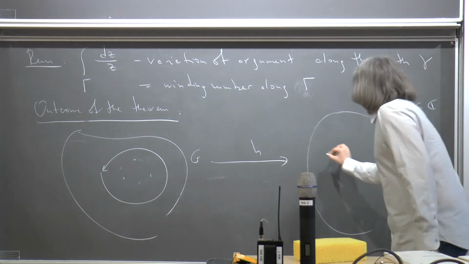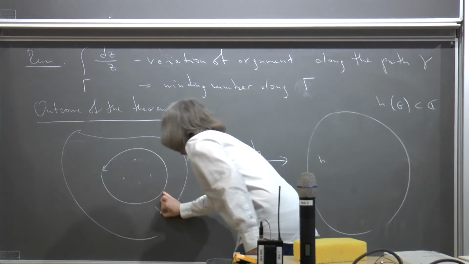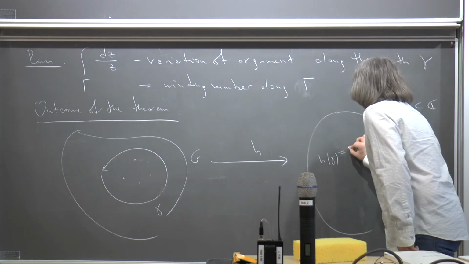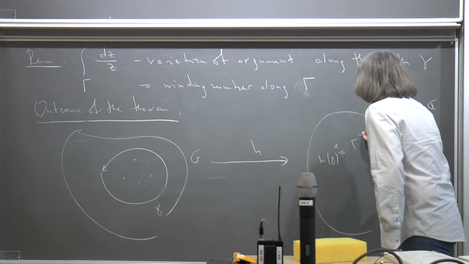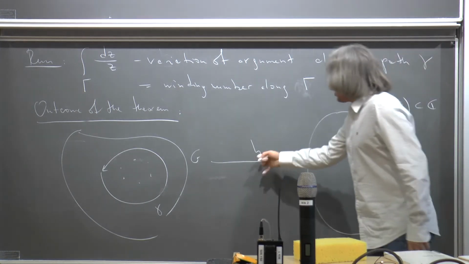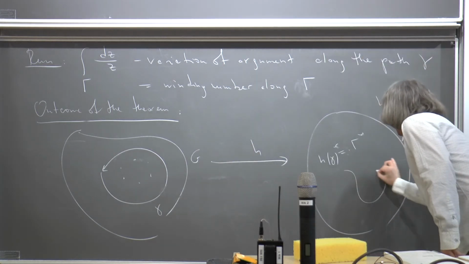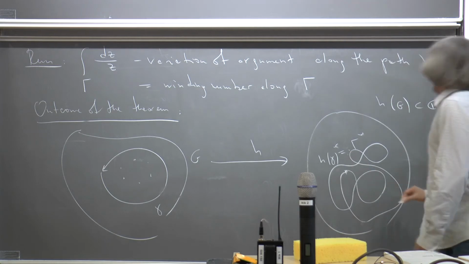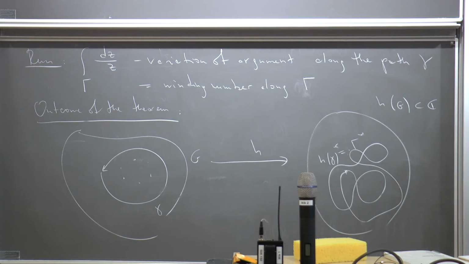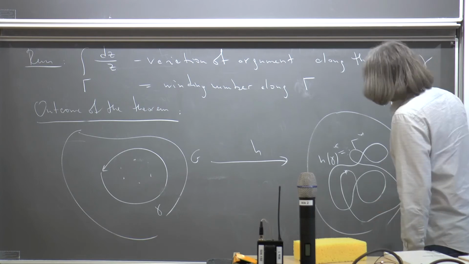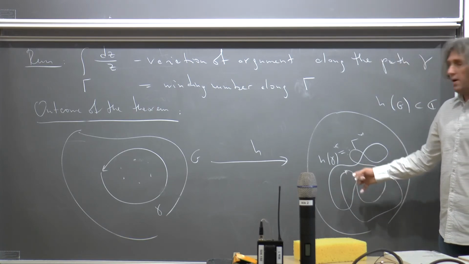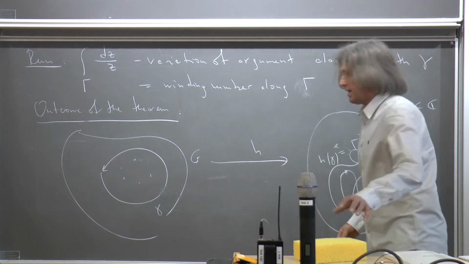This is gamma, so h of gamma, which was gamma star. And since h is complicated, it can go in different ways, but still returns. And now there's a way to calculate the winding number of this path. So the winding number becomes the right hand side.